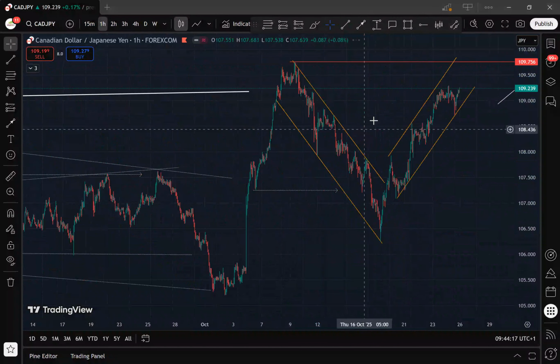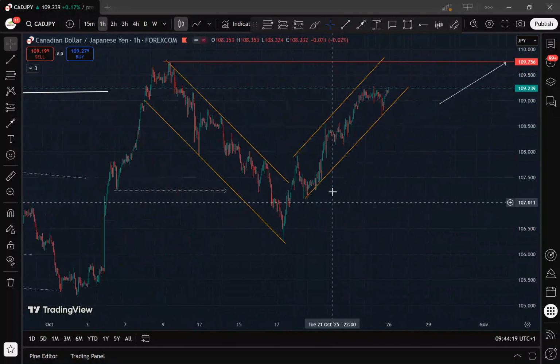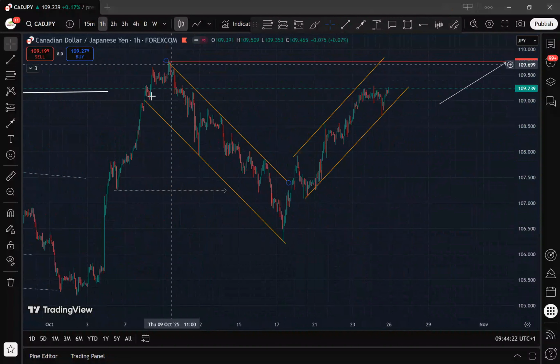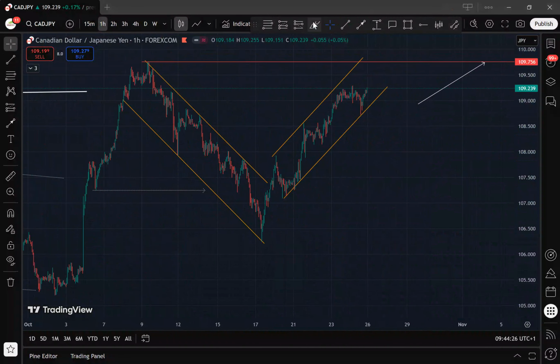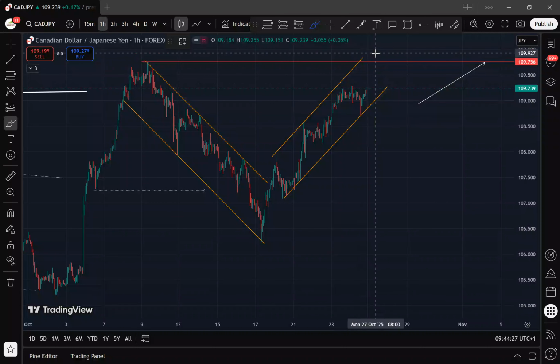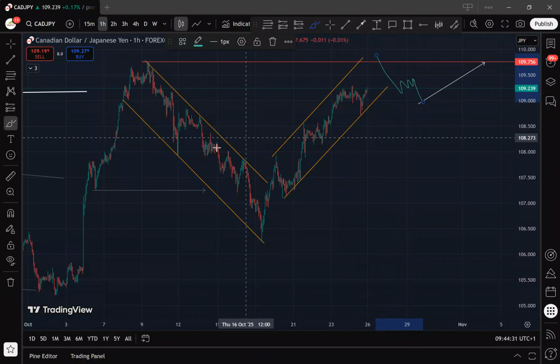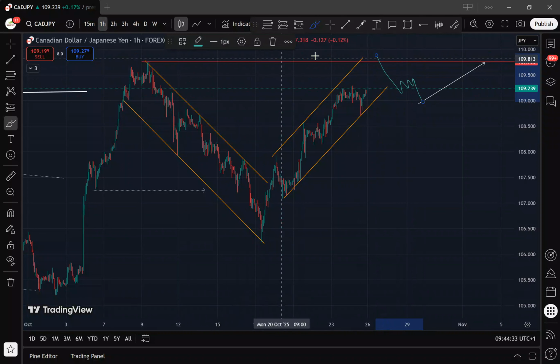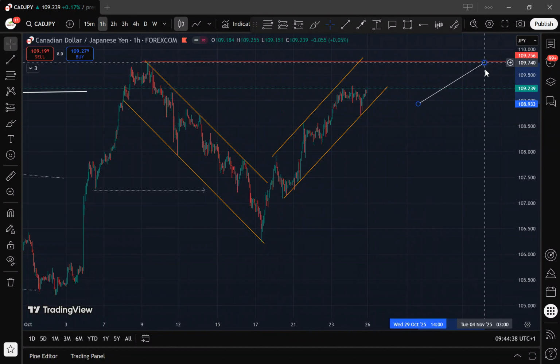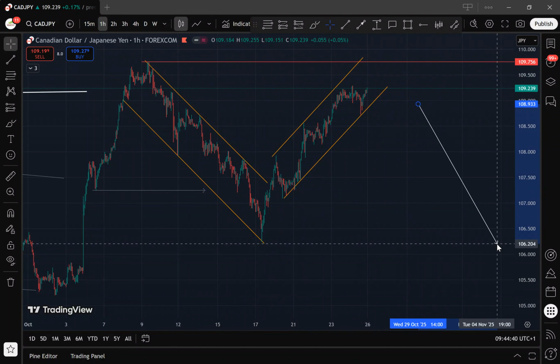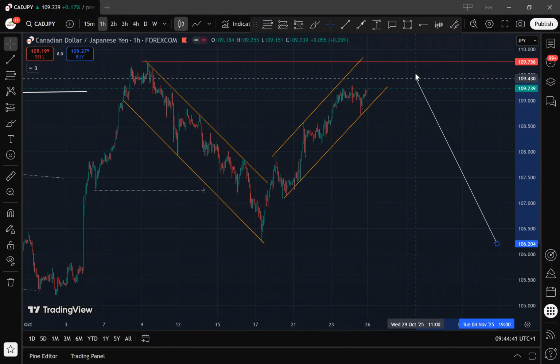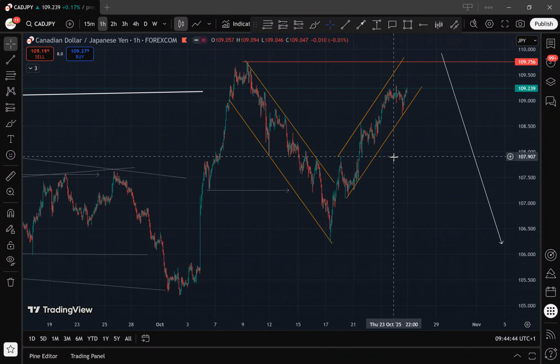So I will have to wait first for the price to hit the high of this previous top, to give us a double top here. Then after hitting that I wait for an impulse out, then a continuation correction to push the price lower, at least to this low. Do you get it now? So that is that on CADJPY.